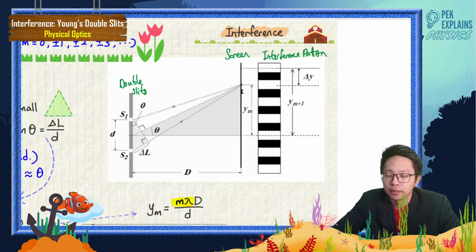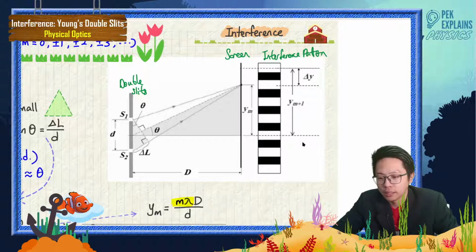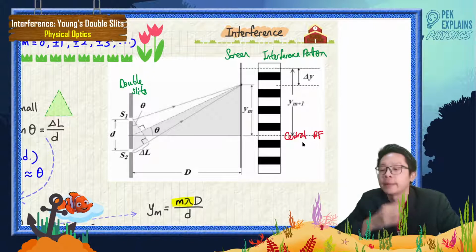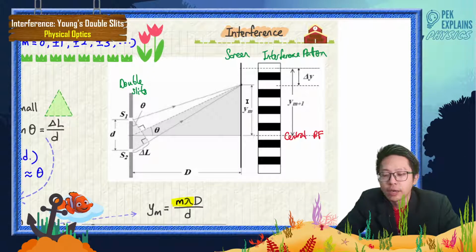Distance of the screen from the source. And then here you can see a central bright fringe because it's just right at the center between the two slits. So this is the central bright fringe. And then we have Ym. What is Ym?